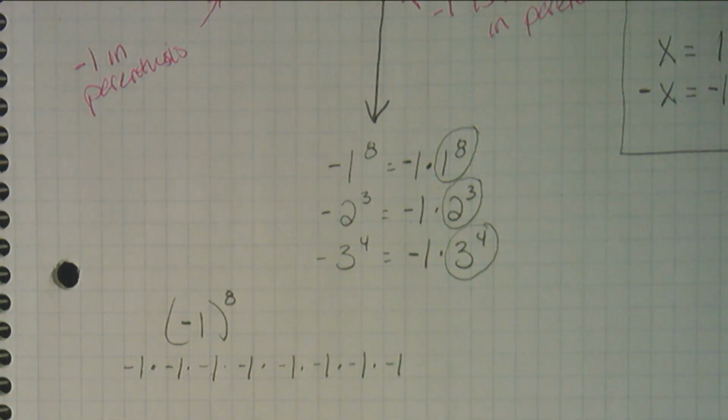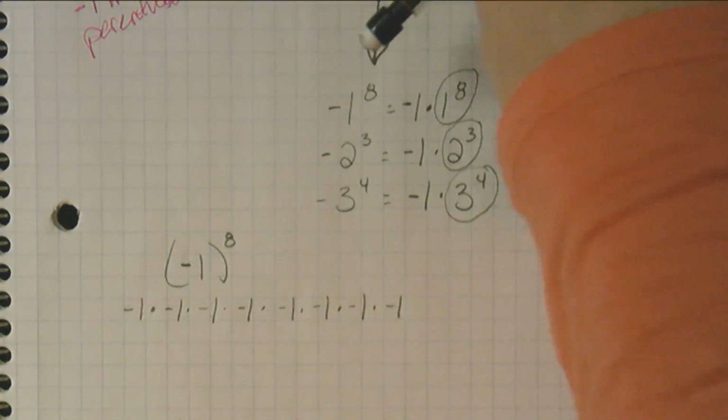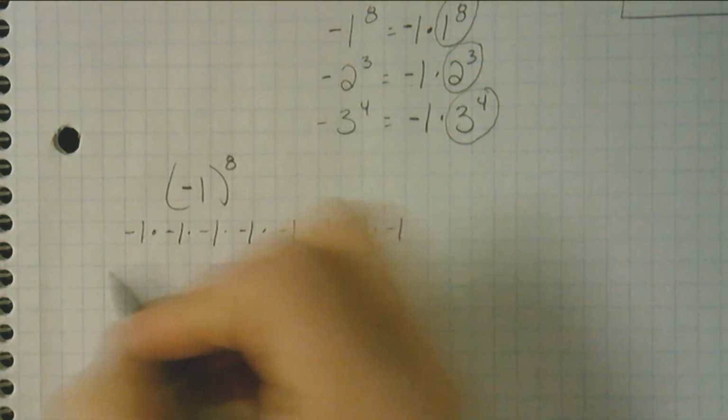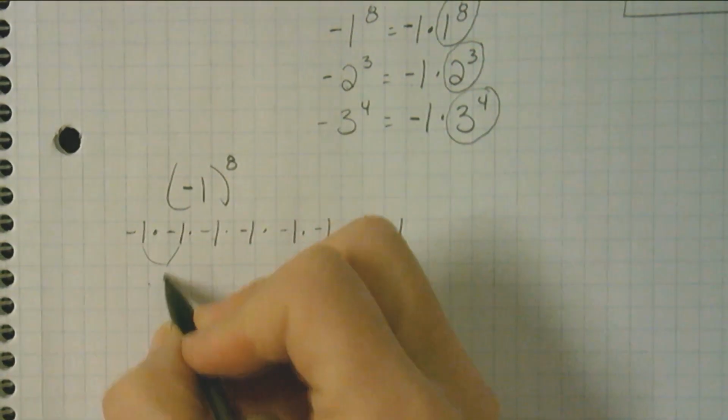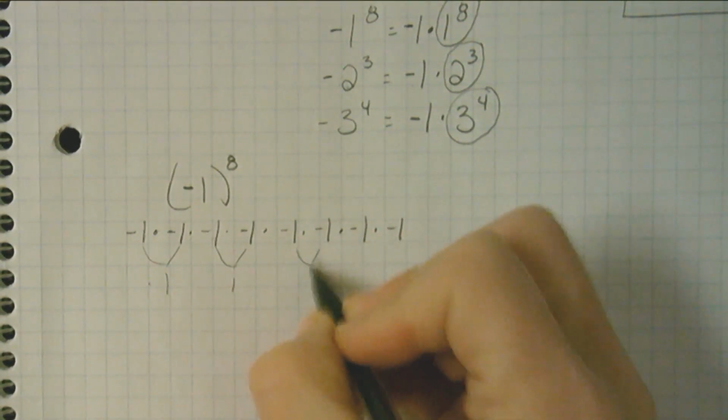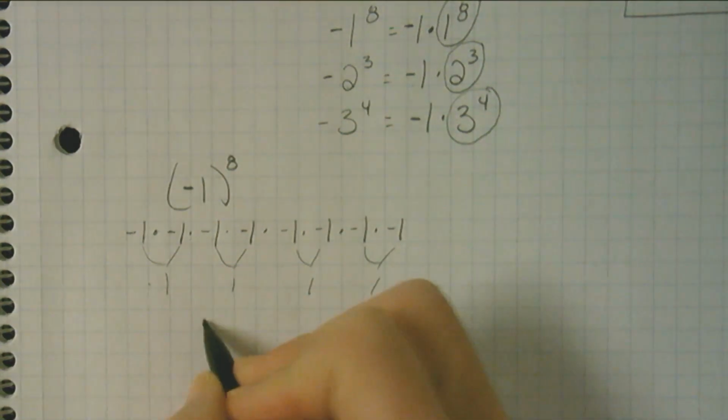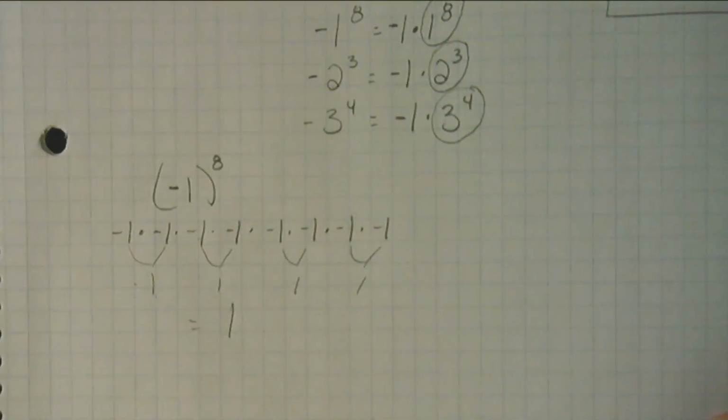That's what that means. Alright, so all of these, negative 1 times negative 1 is 1. Negative 1 times 1 is negative 1. I'm just going to kind of keep going. So here we end up just having a 1.